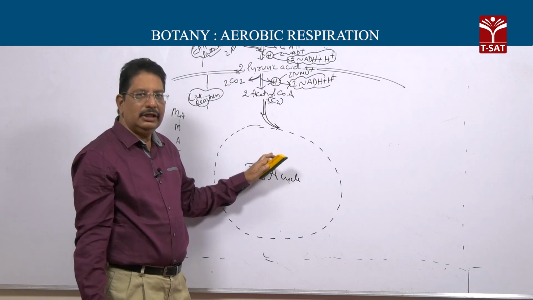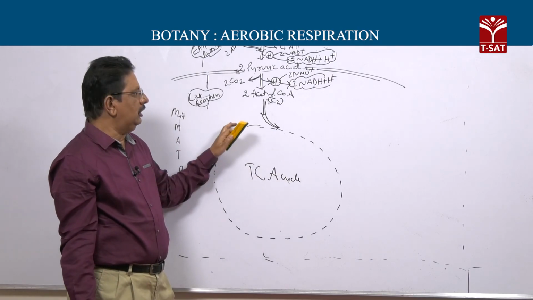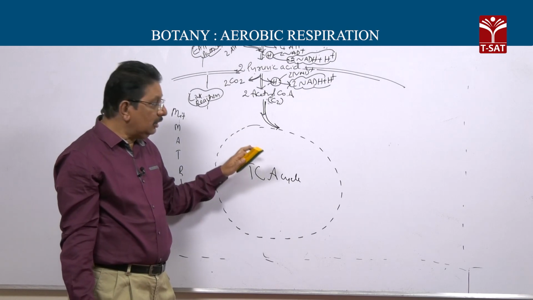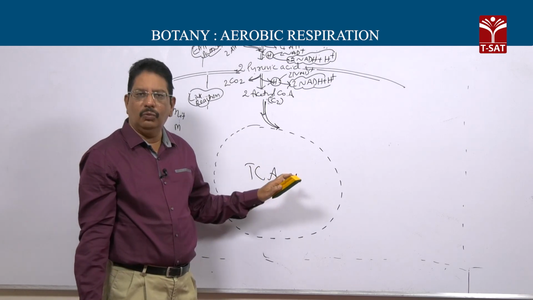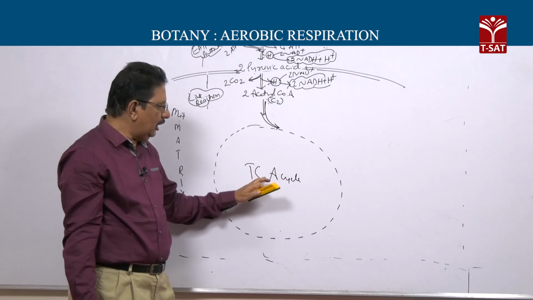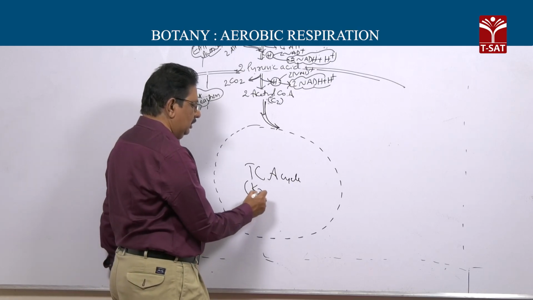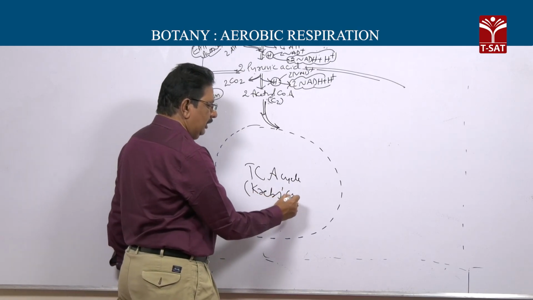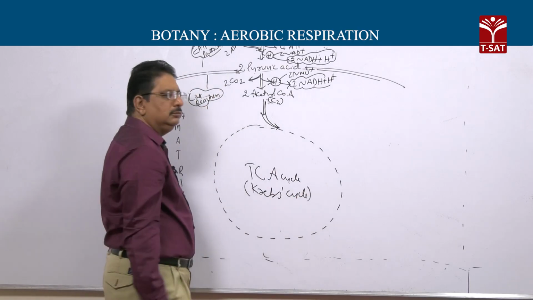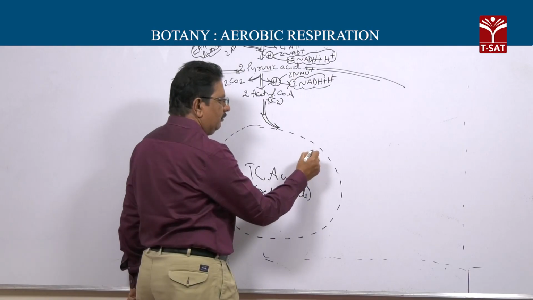In a TCA cycle, the acetyl coenzyme A is going to undergo complete oxidation and decarboxylation. So, that cyclic pathway of complete breakdown of acetyl coenzyme A to release CO2 and water is called the tricarboxylic acid cycle, otherwise called the Krebs cycle. During this, a number of compounds are formed.